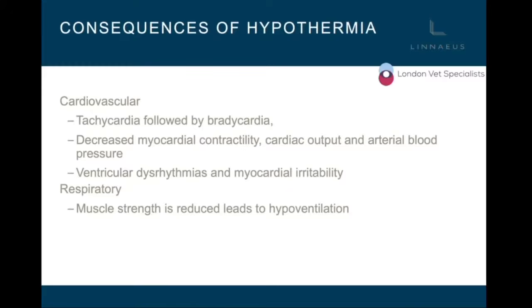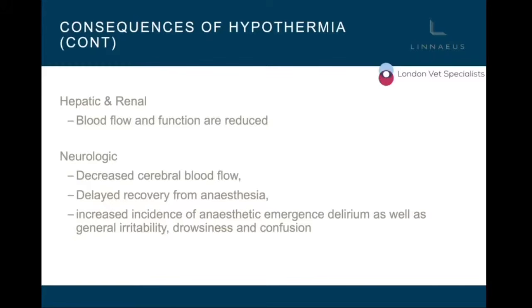The muscle is weaker, so may lead to hypoventilation and problems with hypercapnia and hypoxaemia. Blood flow to the kidney and liver is reduced, and we said that happens already in an older patient, so add on hypothermia and we may have significant reduction in blood flow to these organs.